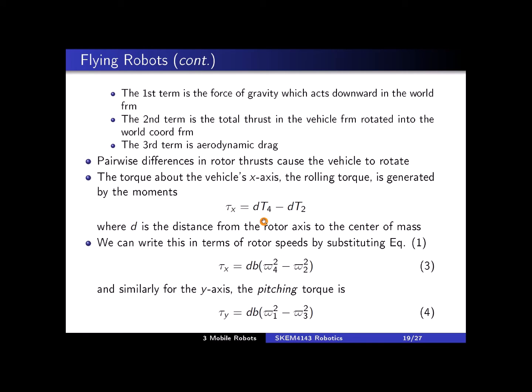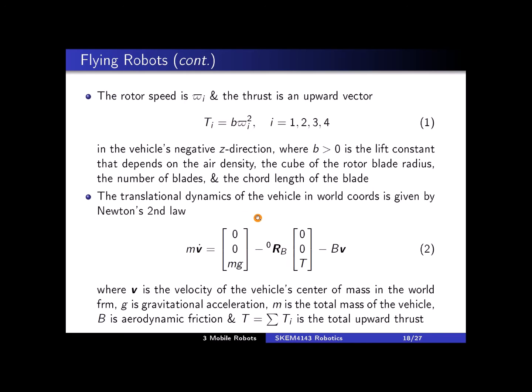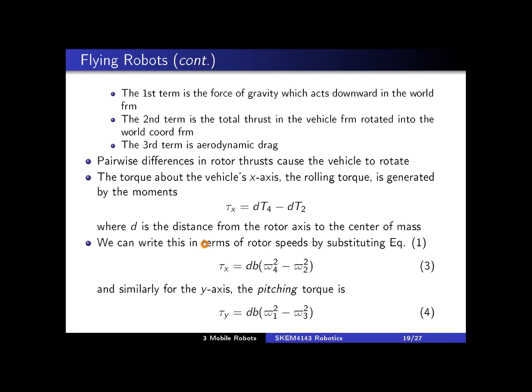So positive torque means T4 is greater than T2, okay? And because Ti is given by b omega i squared, we can rewrite this as equation 3. So now tau x, or the torque around the x-axis, is d b multiplied by omega 4 squared minus omega 2 squared.